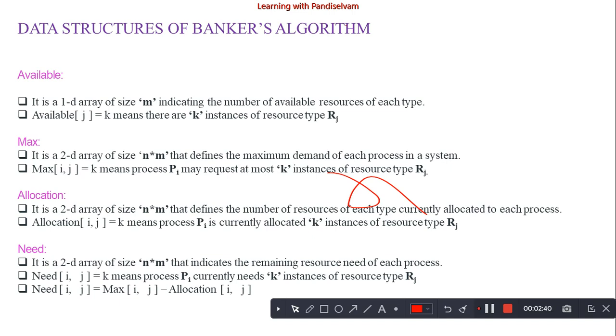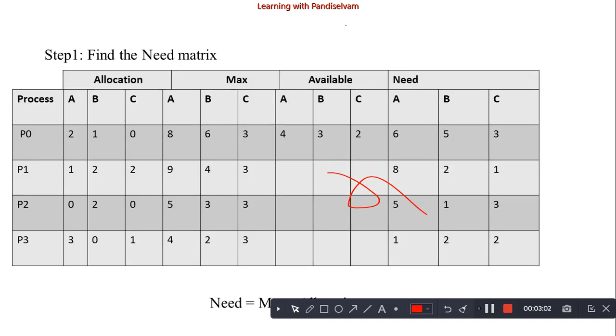In the problem itself they have mentioned allocation, maximum and the available resources, which are most important for applying the banker's algorithm.